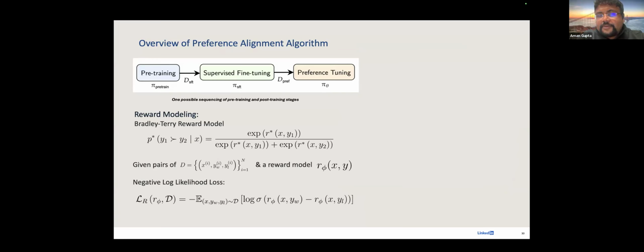When preference tuning was first published by OpenAI in 2022, they talked about using a technique called RLHF, which is reinforcement learning with human feedback, where you use a reward model.